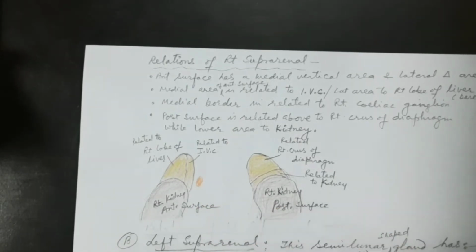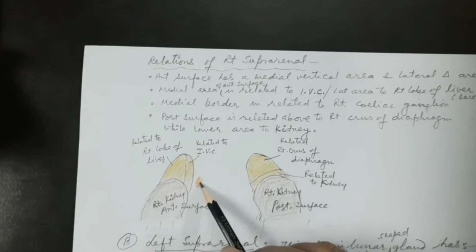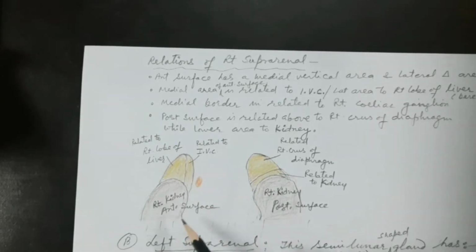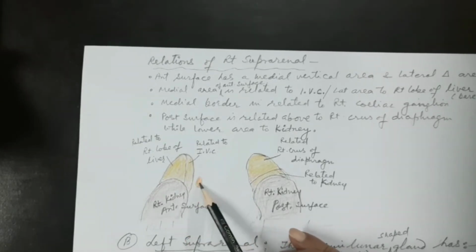That means there is a plexus of autonomic nerves, sympathetic and parasympathetic, interconnecting the celiac ganglia of the right and left sides and forming a dense plexus at the root of the celiac trunk, which lower down is continuous with the aortic plexus on the anterior aspect of the aorta. So this is how the medial border is related to the right celiac ganglion.